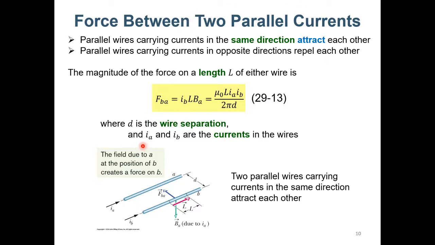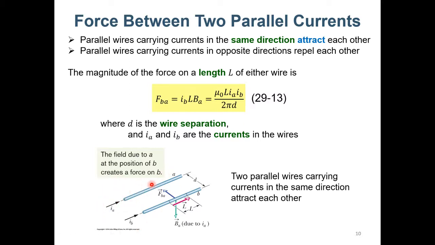So what does it really mean? In this graph, you see that this wire and this wire are parallel to each other, and the currents of these wires are in the same direction. As they are parallel, you can say they are in the same direction, although current is not really a vector.